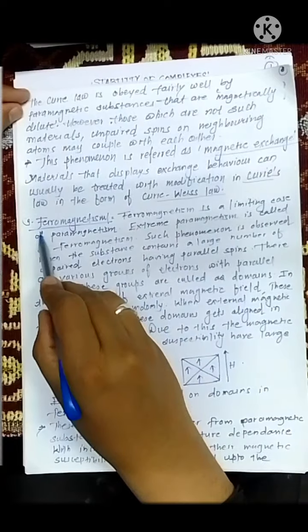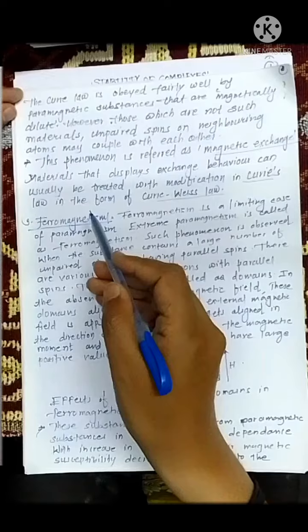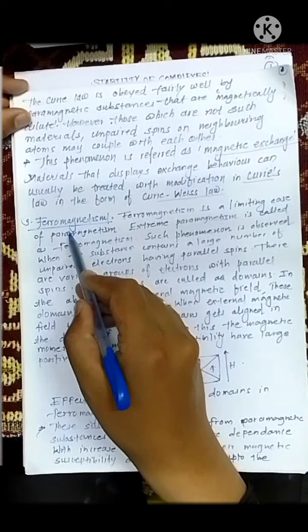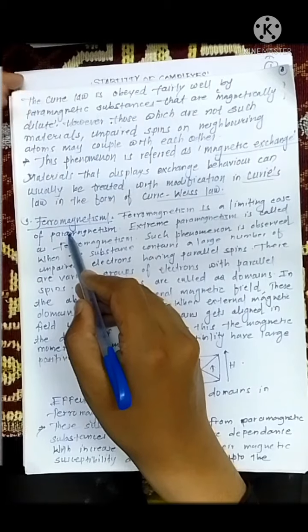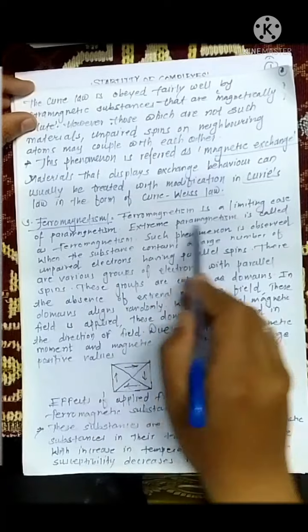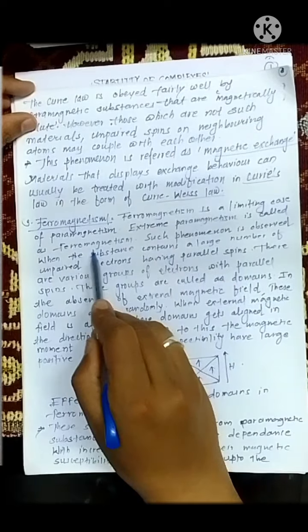Now we are going to see what is meant by ferromagnetism. Generally, ferromagnetism is considered an extreme case of paramagnetism, meaning that in these substances the number of unpaired electrons is larger. So ferromagnetism is a limiting case of paramagnetism. Extreme paramagnetism is called ferromagnetism.